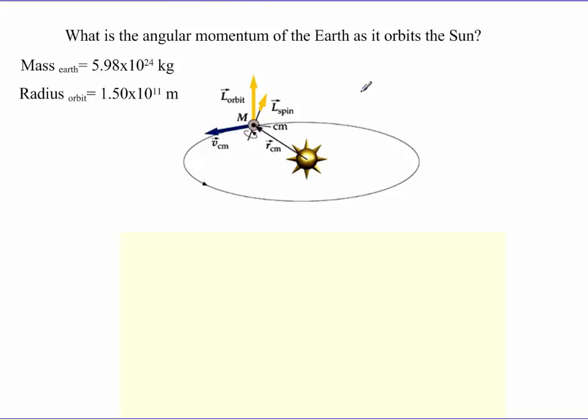We could say L is going to equal the mass of the Earth times the velocity of the center of mass times the radius, correct? Did I agree with that? Now that would only apply if the Earth is not spinning. Would you guys agree with that?